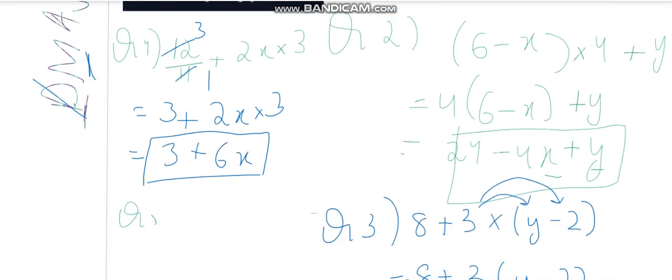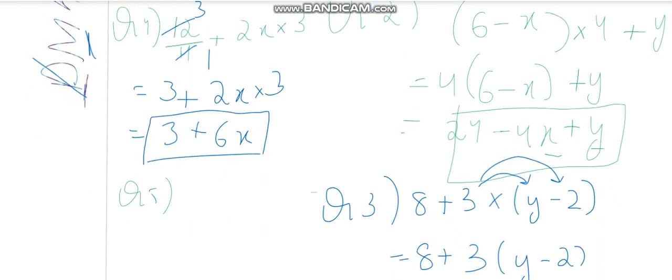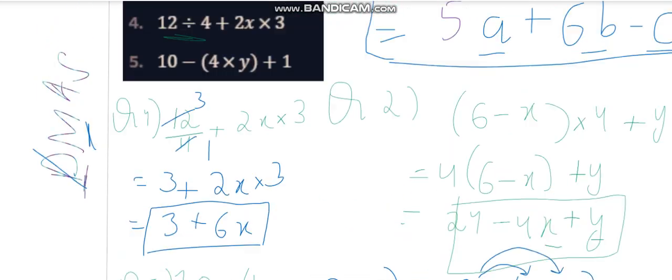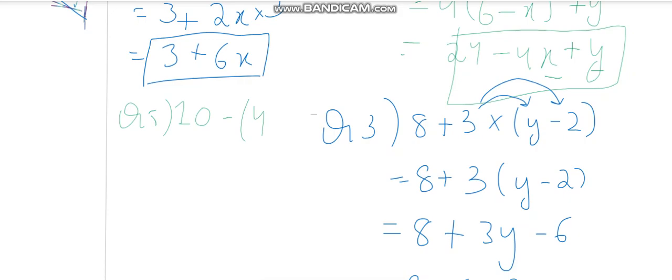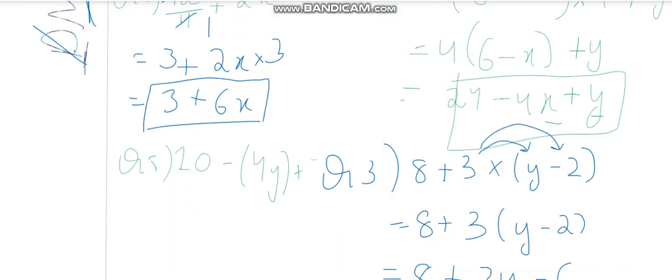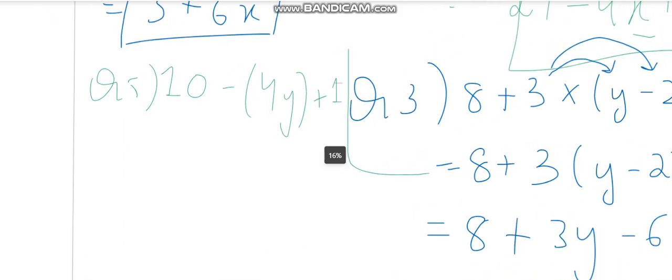Let's move on to question number 5 and the last question, which is 10 minus 4 times x, 4 times y, or simply 4y, plus 1. Okay, so let's solve this question.